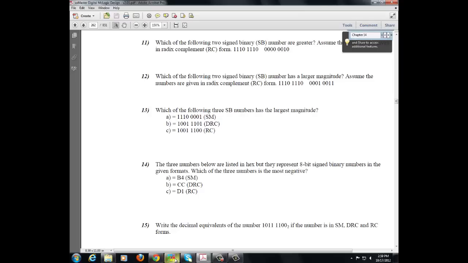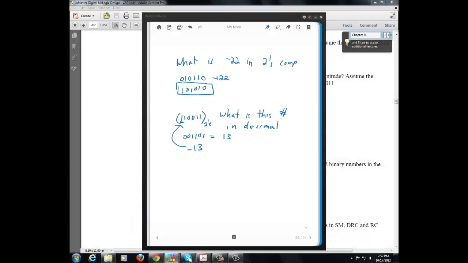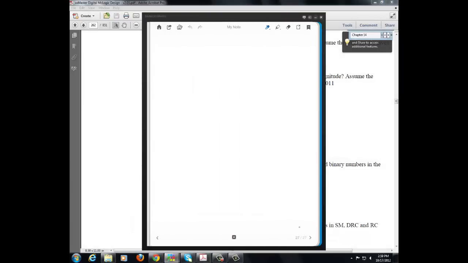Let's write those down over here. Here are two numbers in Radix Complement. Radix Complement is the same as 2's complement.